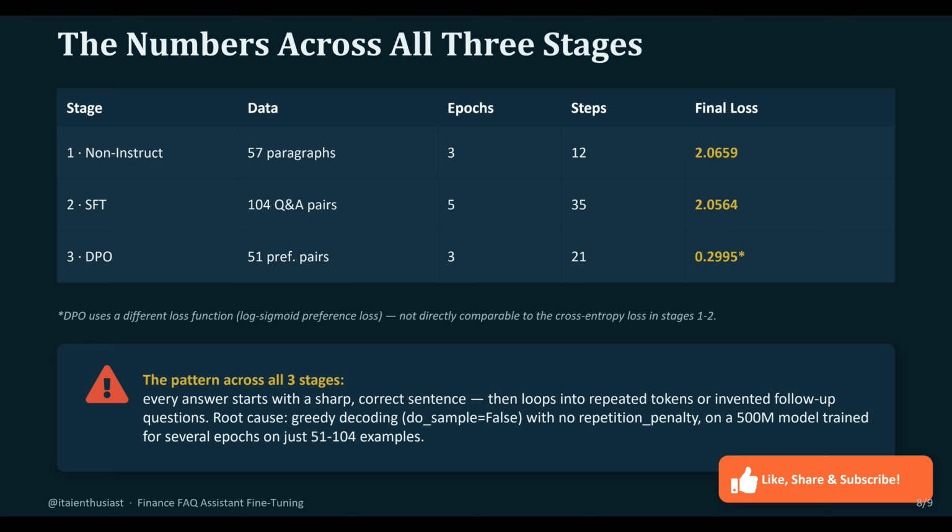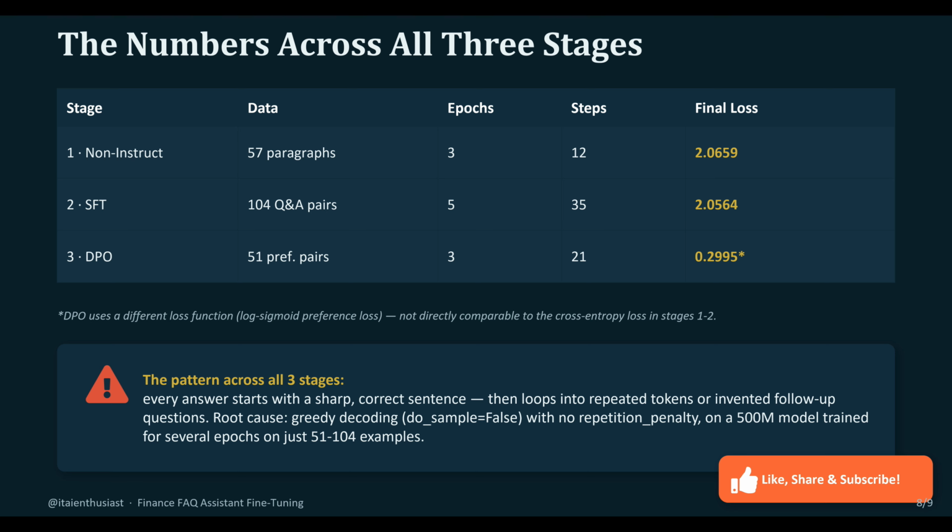And here is the pattern I want you to actually learn from, not just watch. Every single stage produces a correct first sentence and then degenerates into repeated garbage or hallucinated follow-up questions. That's not random bad luck.